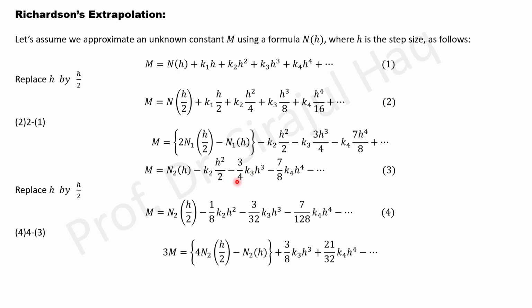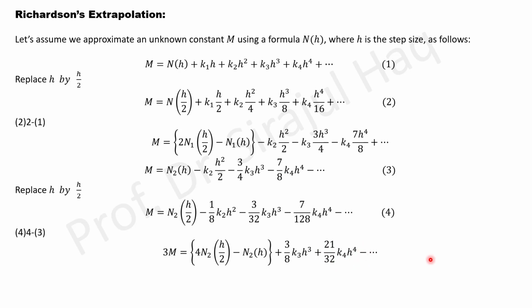And when you do the simplification, you are getting plus 3 divided by 8, and k cube h cube is already common. Similarly, you have multiplied this with 4 and do the subtraction. So your term will be 21 divided by 32 k4 h4. And this is positive sign, and so on.